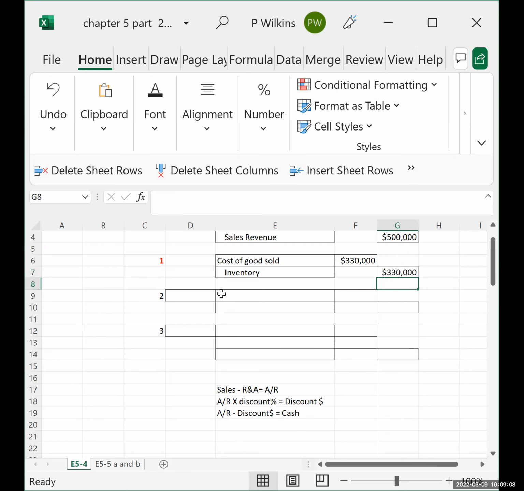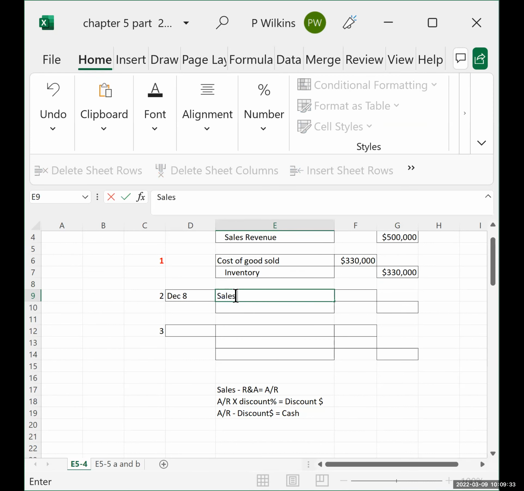All right, number 2. On December 8th, Artie Company was granted an allowance of $25,000 for merchandise purchased on December 3rd. Now, when it is an allowance, we do not have anything to do with inventory. We're just giving the customer credit when it's an allowance, okay? So, December 8th, we're going to be debiting the account called sales returns and allowances.